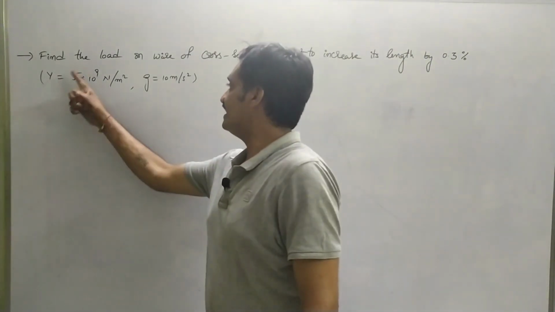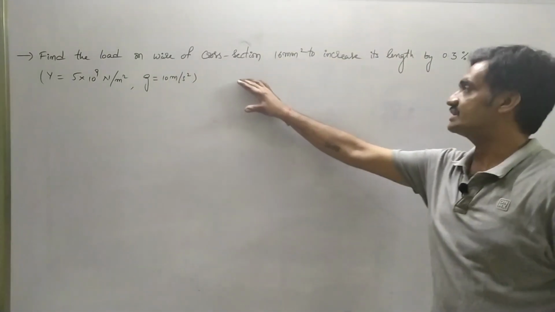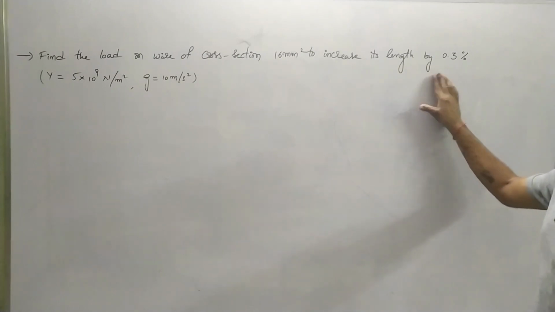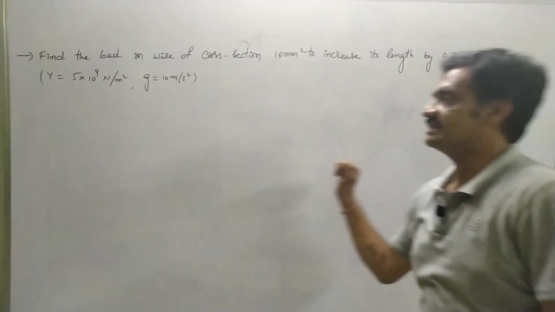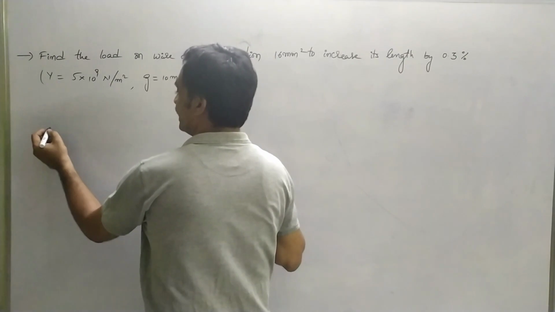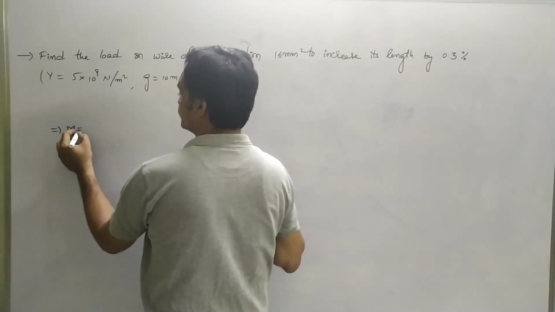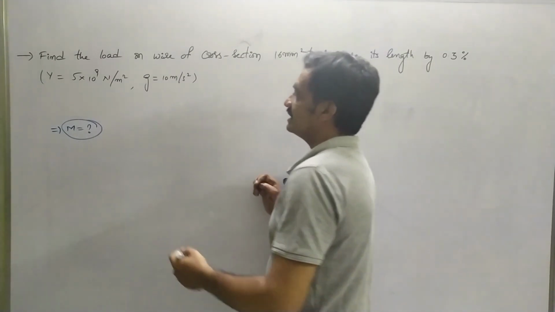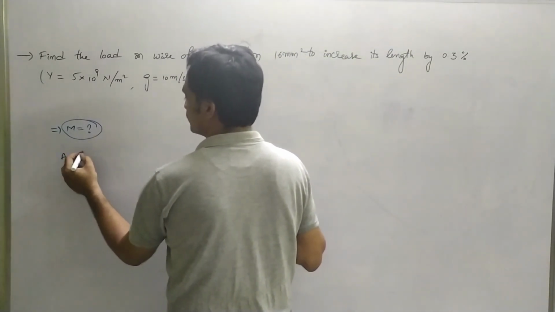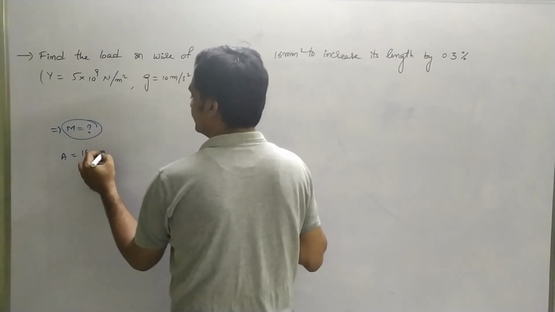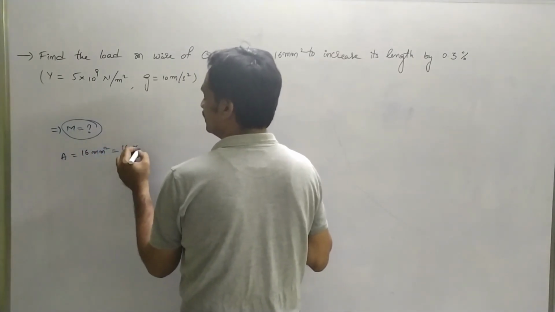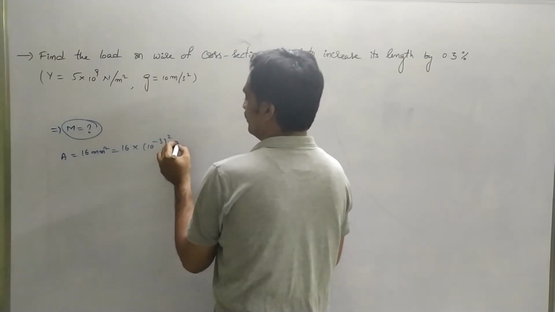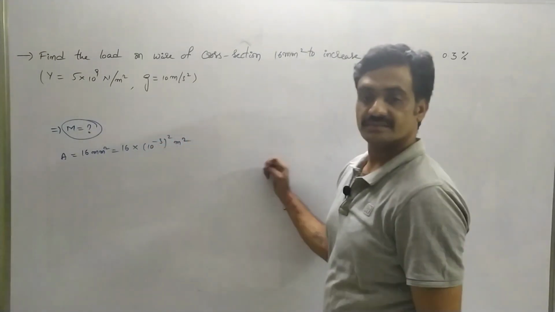Observe the next problem. Find the load on a wire of cross-section area 16 millimeter square to increase its length by 0.3%. Now here we have to find the value of mass to increase its length. For this, the values are given as area equals 16 millimeter square, equals 16 into 10 to the power of minus 3 whole square meter square.